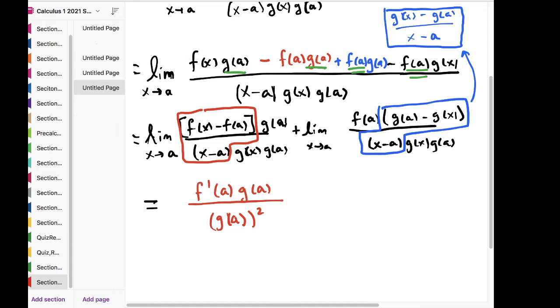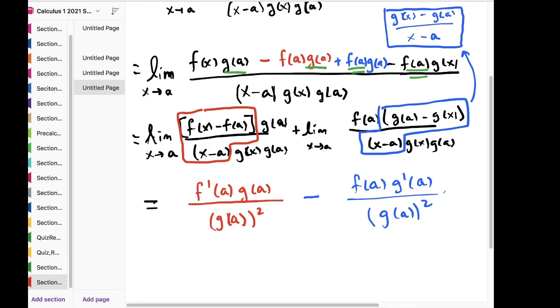Yeah, so instead of multiply by -1, factor by -1, because you don't want to change anything. So if you factor by -1, then you get the derivative. And then when you take the limit, you get g of a squared.